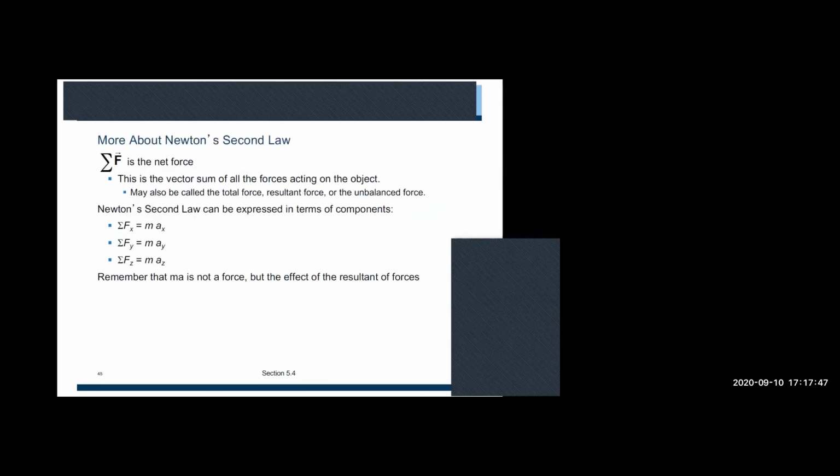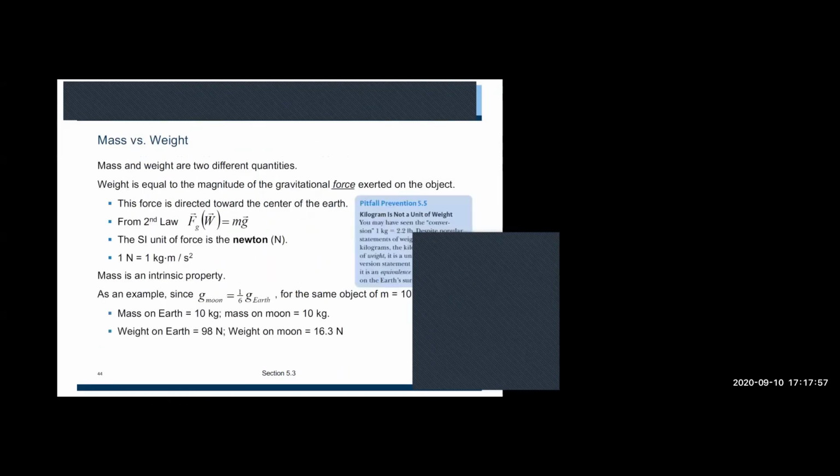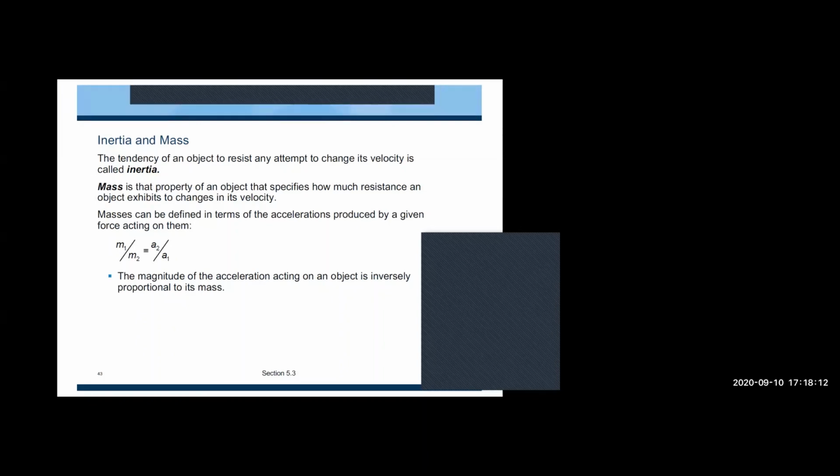And once again, let me take some questions here. The idea of inertia, once again, is just how resistant the object is towards a change of its state of motion when it is subjected to an external force.